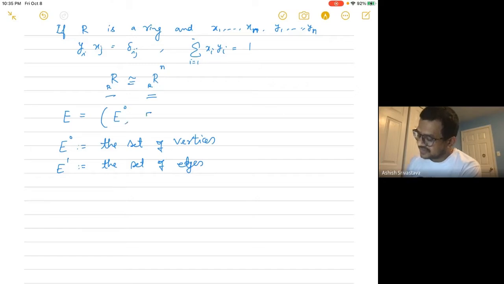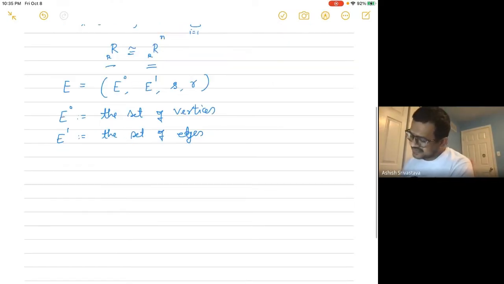So I have E naught, I have this set E1, and then I have two functions which I'll associate the edges with. So S and R, these are functions from E1 to E0.